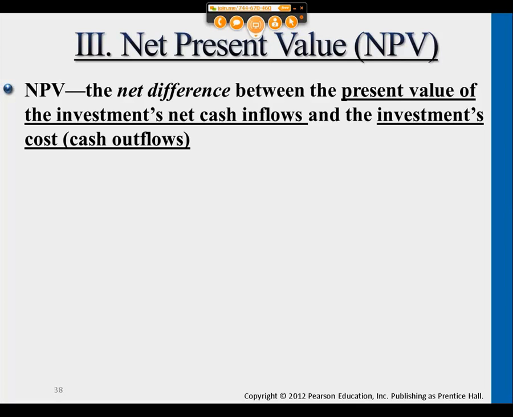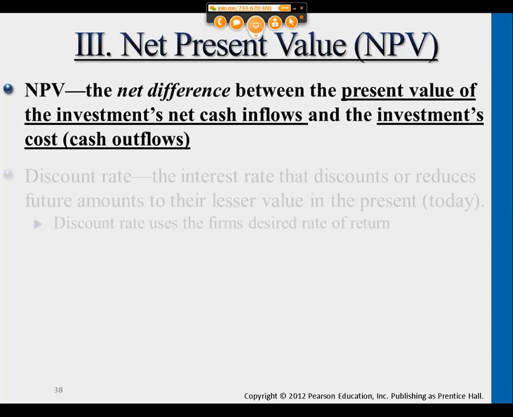So for us to decide which investment is more attractive, we need to find the net present value of that cash inflow, between the present value of the investment's net cash inflow and the investment cost or outflow.